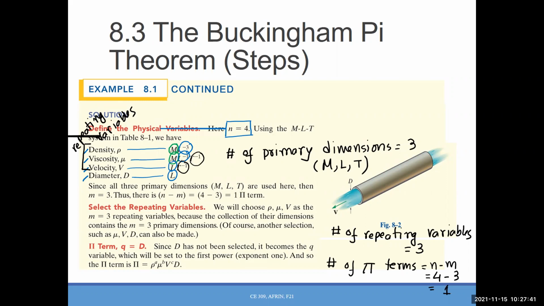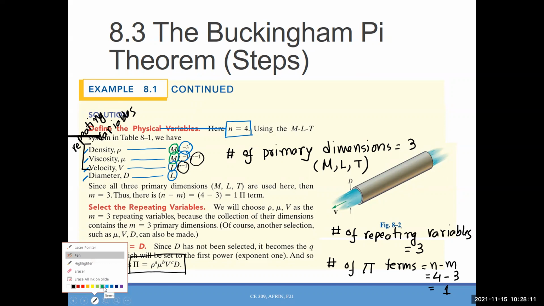So here for step 3, once we know the number of pi terms, we need to express the pi terms in such a way that one term will be Q, which is not included in the repeating variables. So out of these four, which one didn't we consider as a repeating variable?